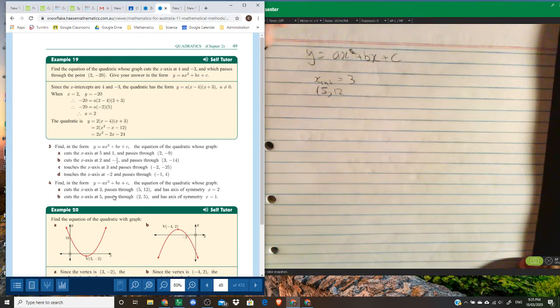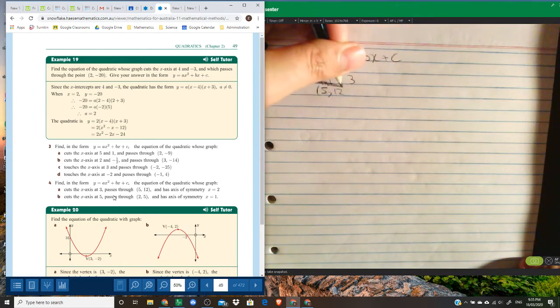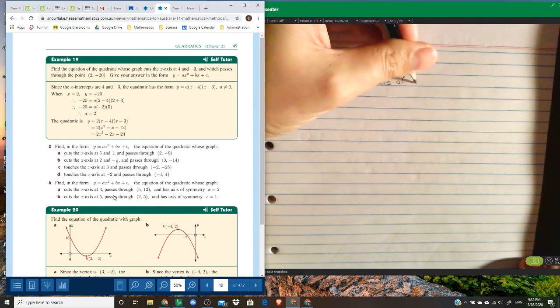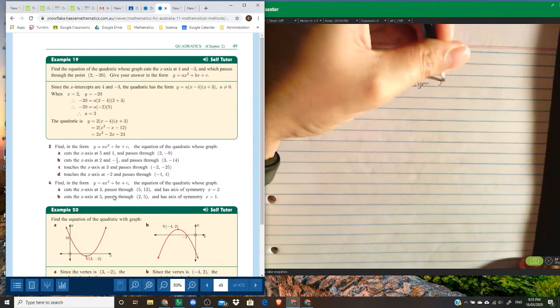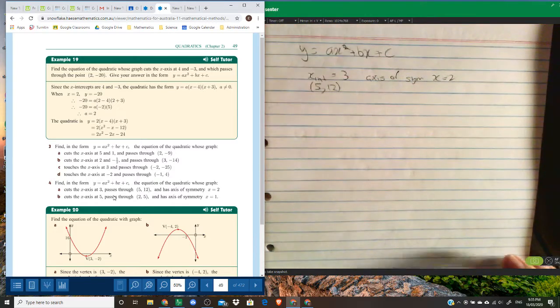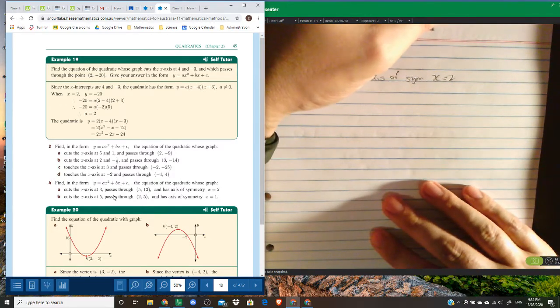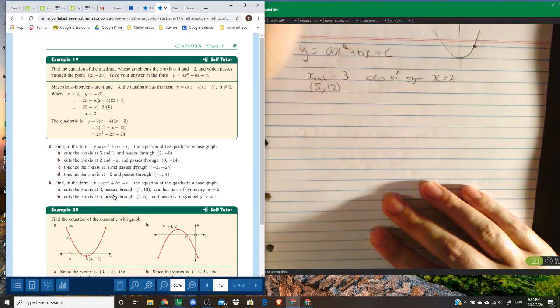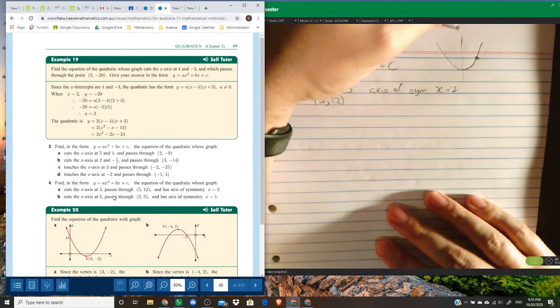All right, and axis of symmetry x equals 2. Now, the idea of that, if you've got a quadratic, you have an axis of symmetry. So your axis of symmetry is that line there. And that's the line of x equals 2.